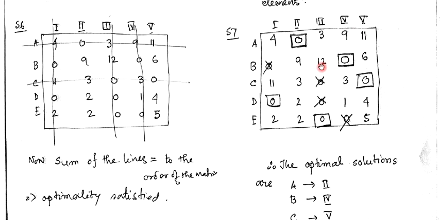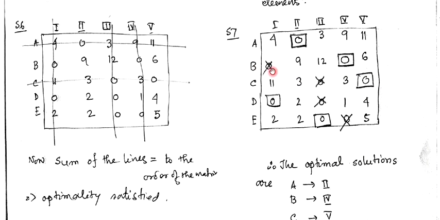Here we have to see, going through each row or each column, whether there is a single 0. Through this row we have one single 0, so we can assign this 0, and if there is any other 0 in the corresponding column, we cross it off. After that we look for any other row or column with a single 0.